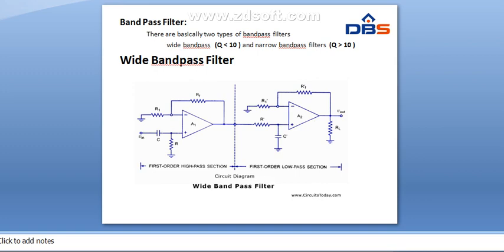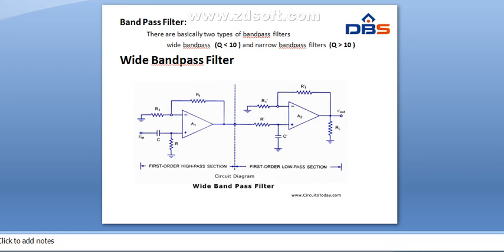See here, the circuit diagram of the wide band pass filter. It consists of a high pass section followed by a low pass section.